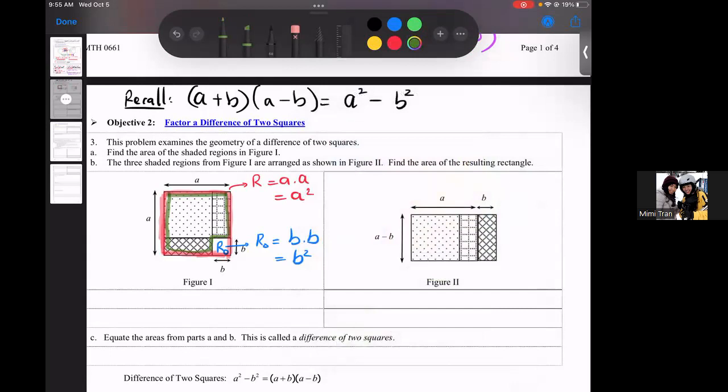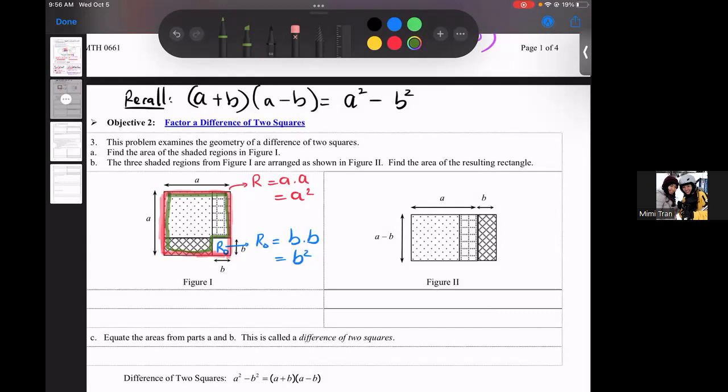Well, you have the big area, you have the small area. In order to find the one within, the green one, what do you do? You want the big one, subtract the smaller one, right?